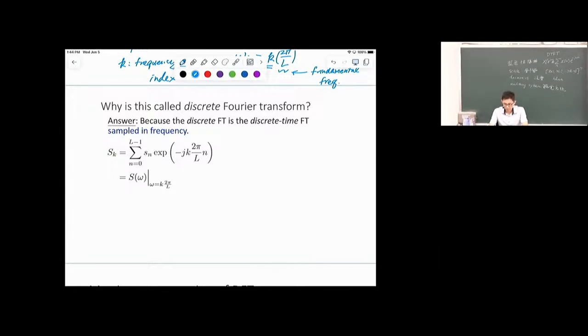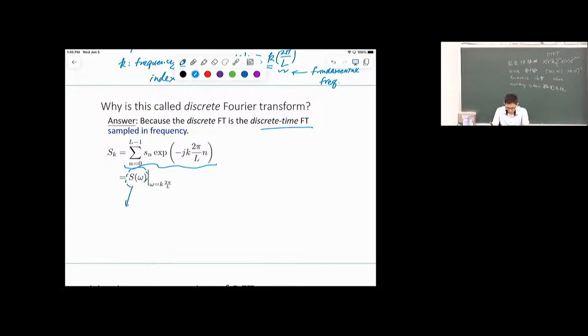And the answer is because discrete Fourier transform is DTFT sampled in frequency. Now we have a sampling in the frequency. Or to be more exact, if this is the definition on the previous slide, then this can be thought of as the DTFT.